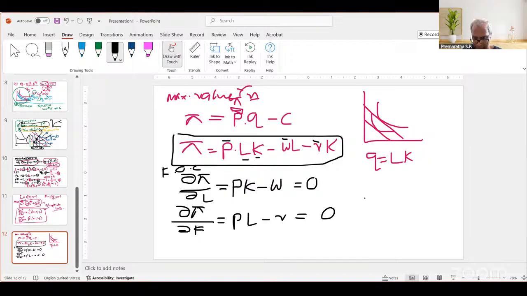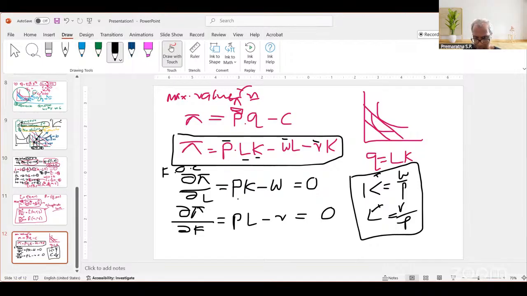You can find the K and L. Those are what we call the input demand function. For the optimization, we get the input demand function.